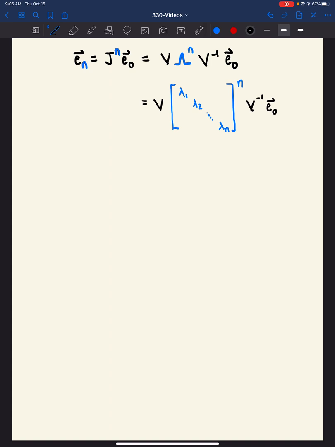And now what's nice is if we take a diagonal matrix and we keep multiplying that diagonal matrix against each other, the only thing that's going to change is we raise those diagonal entries to that power. And again, this only works because it's a diagonal matrix, but on those powers, we just now have each of those individual eigenvalues being raised to the power of n.